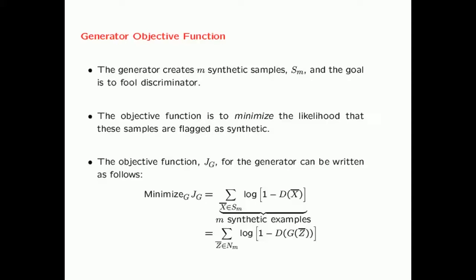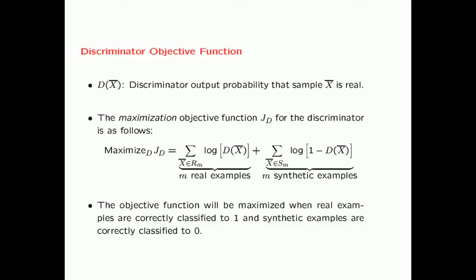Note that these are synthetic samples, so you're trying to minimize the probability of correct classification. You're trying to fool the discriminator. Note that here you're minimizing over G. This is very important to note. The minimization is over the generator parameters, and in the case of the discriminator, you're maximizing over D, the discriminator parameters.